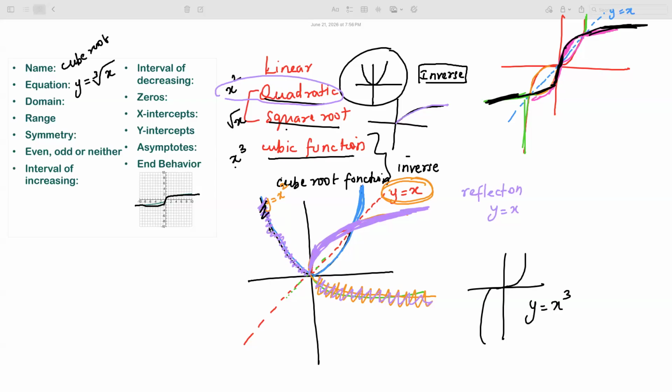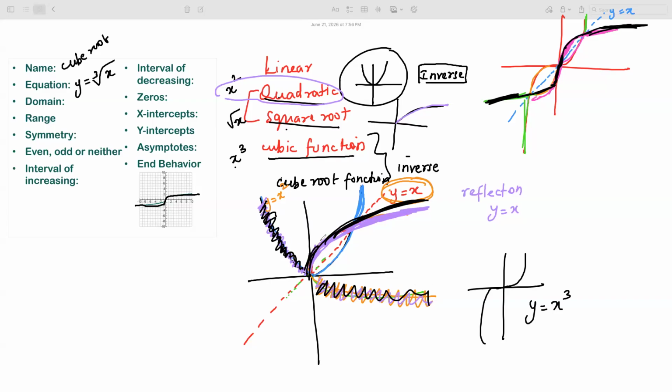If you erase this part of the graph, I'm erasing the negative values of the domain in the original function. I'm restricting the domain to make my inverted graph a function. So if I delete it, in my inverted graph, I'll delete this.